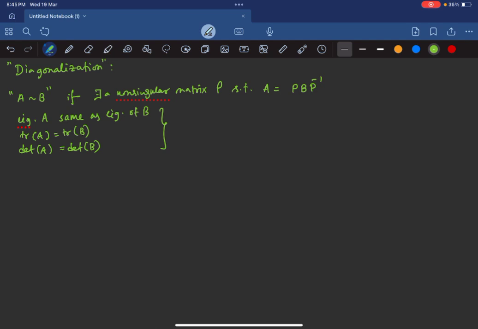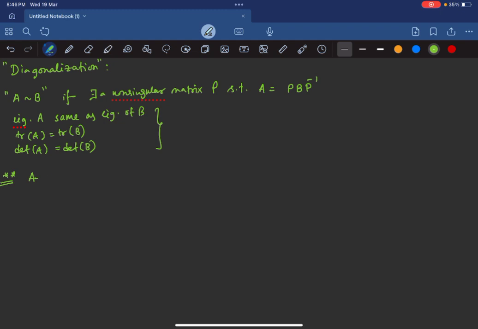Now see, in the discussion of diagonalizability, this concept of similar matrix is required. You can consider this one as an important result. A matrix A is said to be diagonalizable if A is similar to some diagonal matrix.